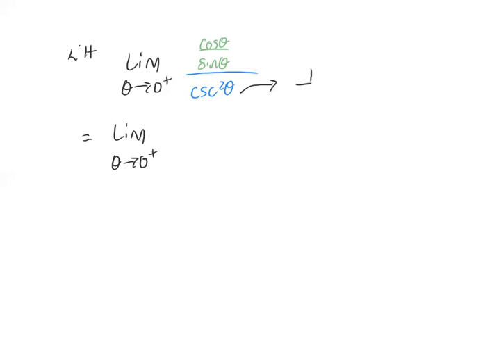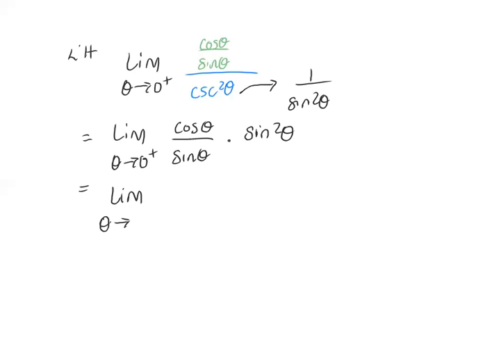Cosecant squared is the same as 1 over sine squared theta. So I can rewrite this as cosine theta over sine theta, the top stays the same, times sine squared theta, which is equal to the limit as theta approaches 0 from the right of, one of the sines cancels. I have a negative sign down here to include. So I have limit as theta approaches 0 from the right of negative cosine theta times sine theta.